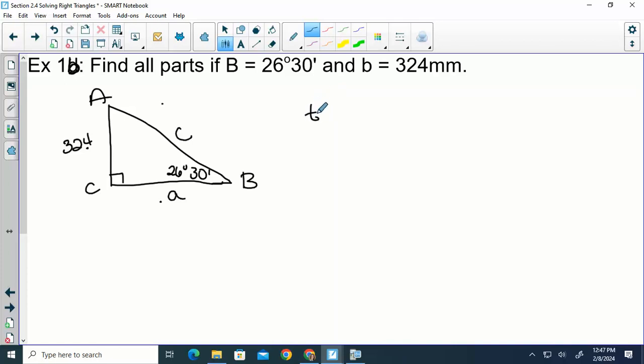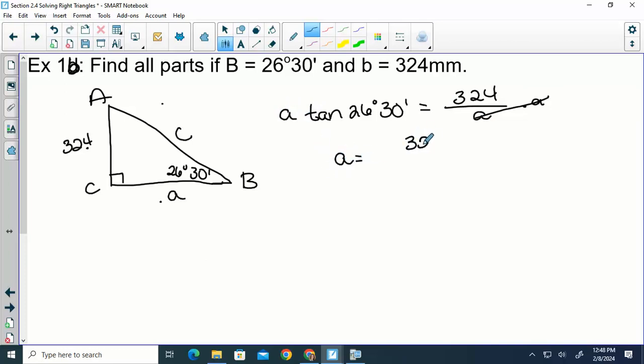So we could say that tangent 26 degrees, 30 minutes equals my opposite side, 324, over my adjacent side, A. So if you're solving this, to get rid of the fraction, you have to multiply the A over. So then to get A by itself, you would divide.